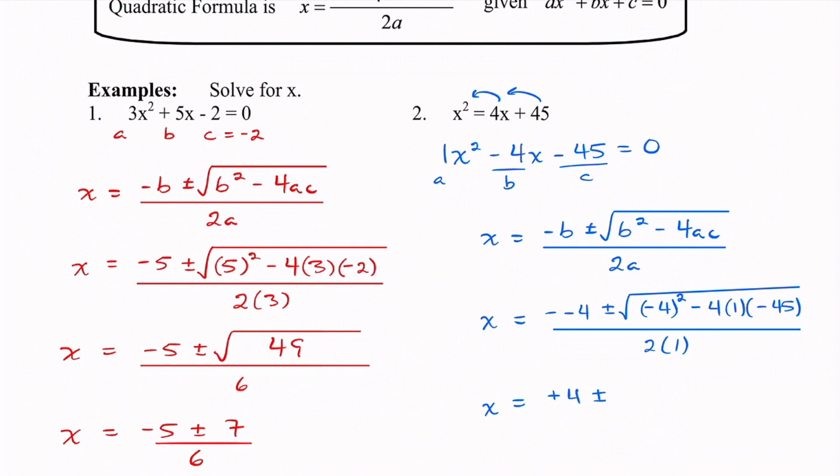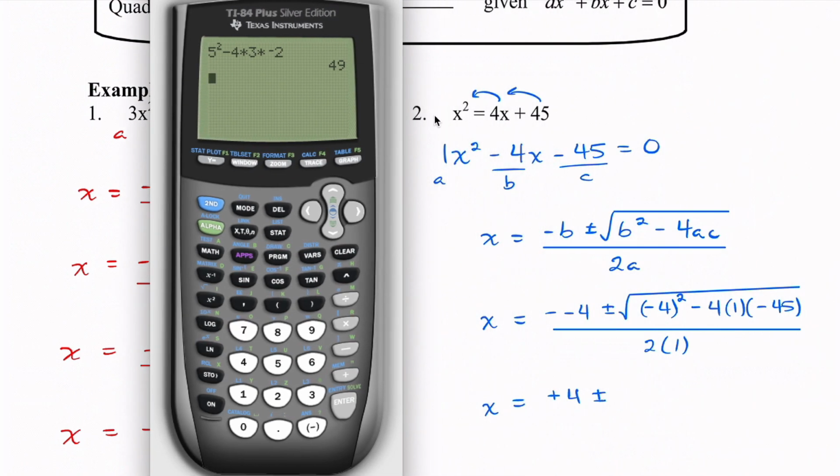So to do that, I'm just going to get out my calculator. Just got to be really careful of how we type this in. So I got a bracket and then negative 4 and then squared minus 4 times 1. You could skip that part just because it's not going to change anything. And then times by negative 45.